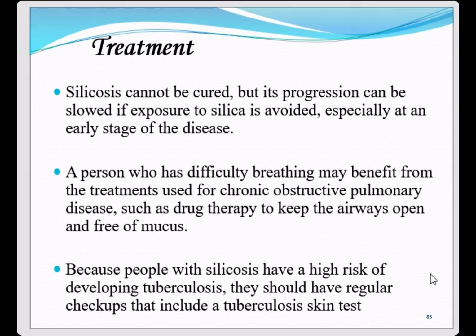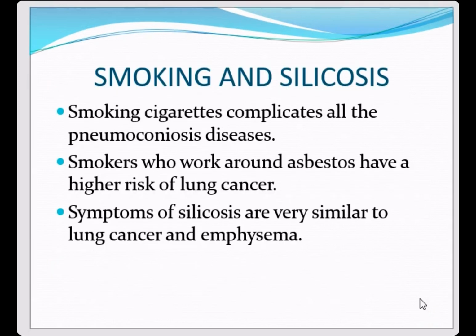At the same time, we have to know that tuberculosis is quite common with silicosis, so patients should have regular check-ups that include a tuberculosis skin test. Smoking is very dangerous for the silicosis patient. Smokers who work around asbestos or silica have a higher risk of lung cancer.